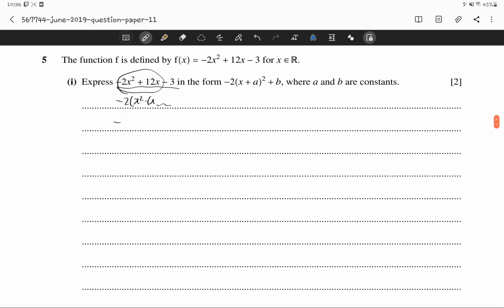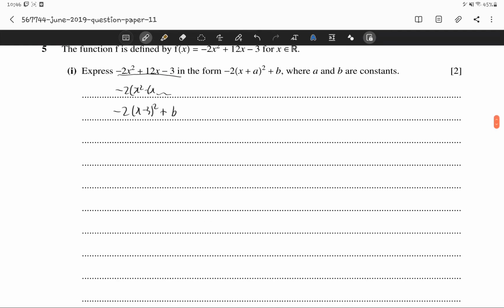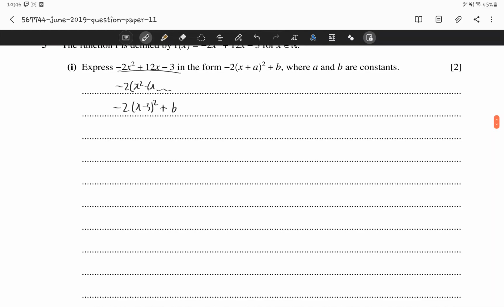So let's just put it, say minus 2, x minus 3 squared plus something, right? Let's say that something is, oh, it says here, b. Put 3 in, equals b, right? If you put 3 in this, it would have to be the same as b, right? Yeah, because it has to be the same value because nothing has changed.